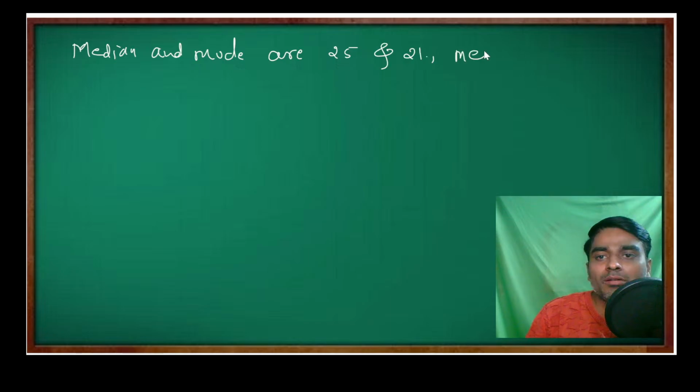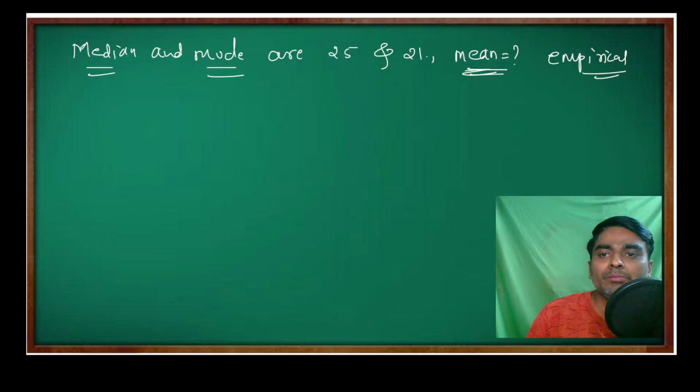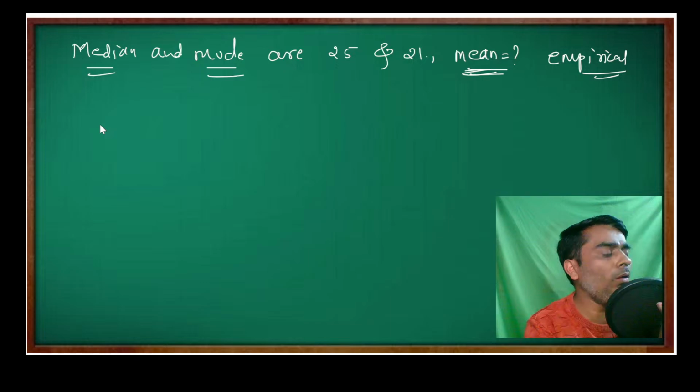Empirical means there is a relation which relates median, mode and mean. If you know the formula, anybody can text me, just put it in the chat. What is the empirical relation which connects these three? Do you know?